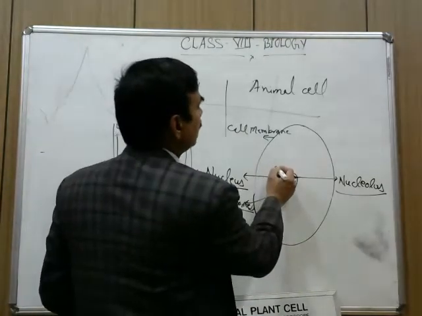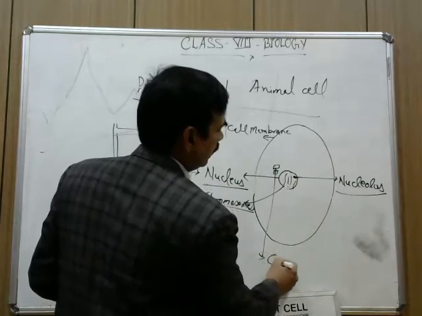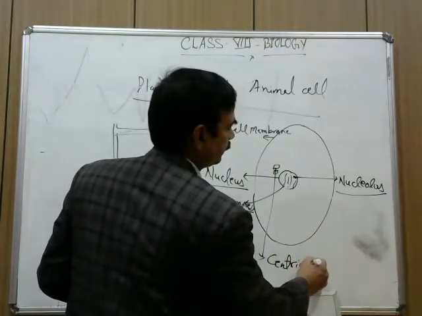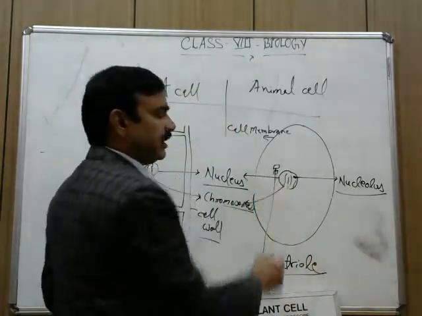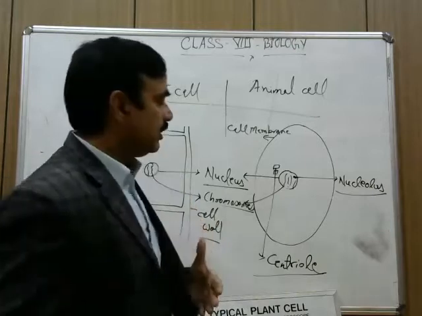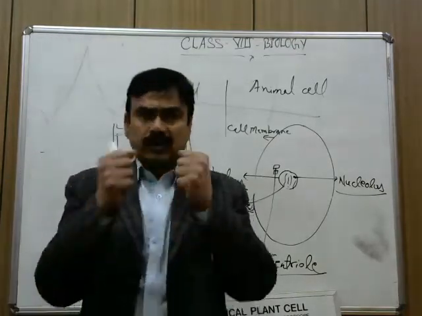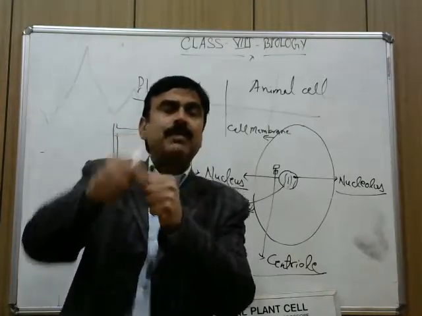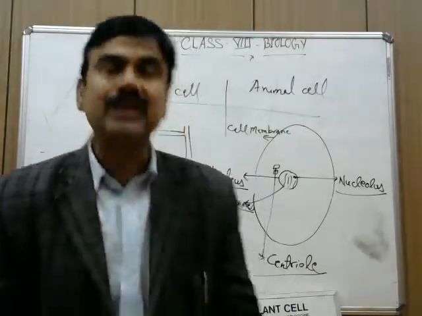And here, as I was explaining, these are the centrioles. Two centrioles are there, and collectively we will call it centrosome. There should not be any kind of doubt. The two centrioles are present inside a membrane, and that is collectively called centrosome, and they are helping in the cell division.